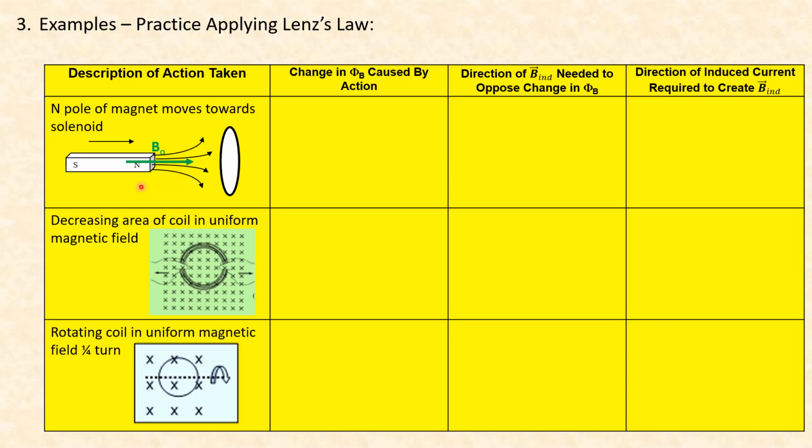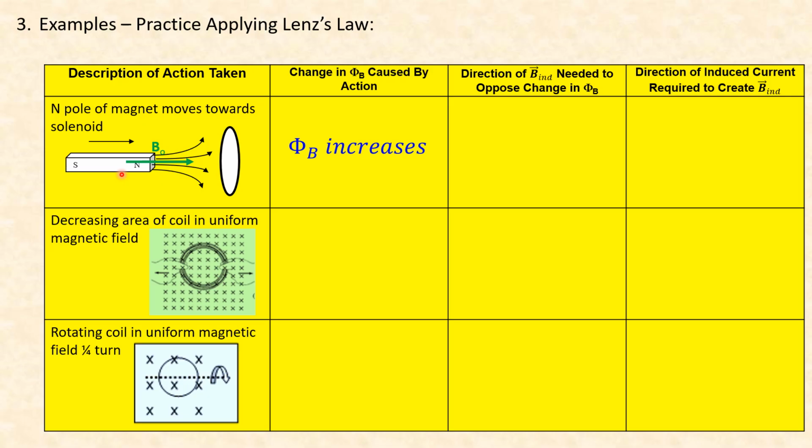And you can see that when we move the north pole of this magnet towards the coil, what's going to happen to the magnetic flux through the coil? Well, as we move it towards the coil, more magnetic field lines will penetrate the coil, which means that the flux through the coil, the solenoid, will increase.